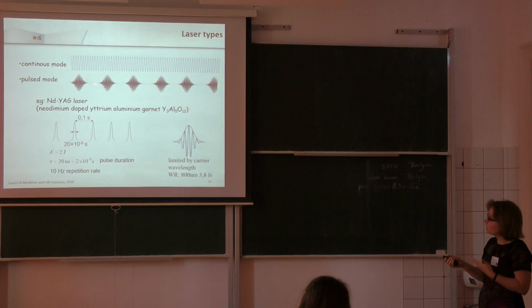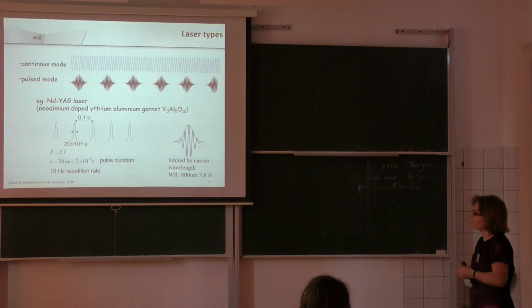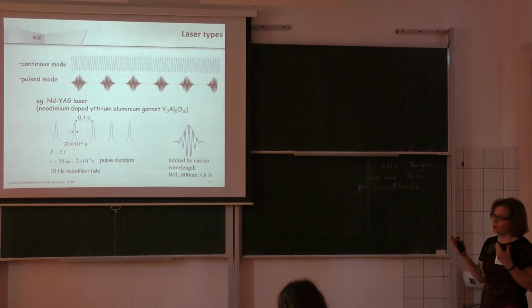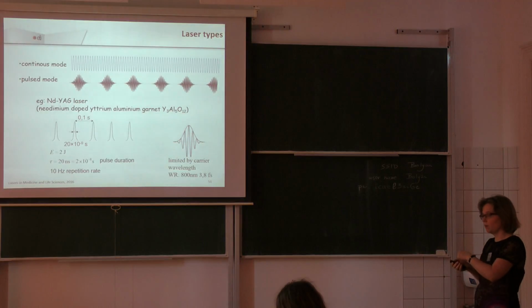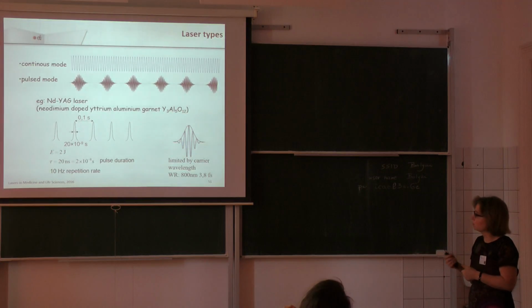To illustrate it, when I keep the button pressed, this light produces a continuous beam, and when I keep pressing it on and off, it gives us a pulsed mode. But this is not very interesting, because what I can make by pressing the button on and off are very long pulses. What we want from lasers is to be really short.